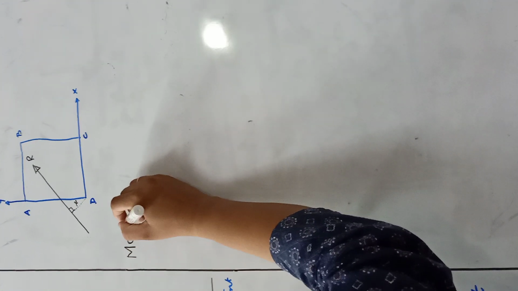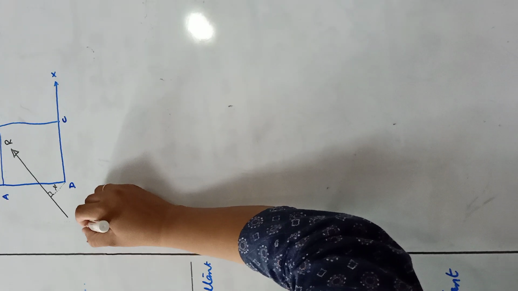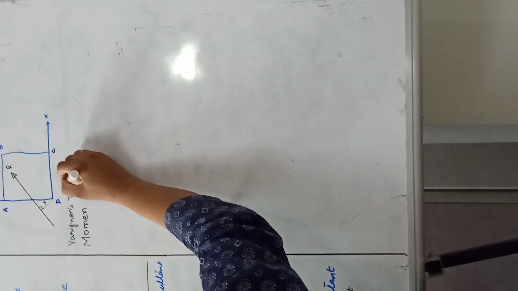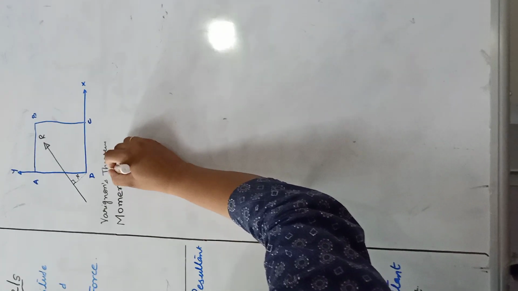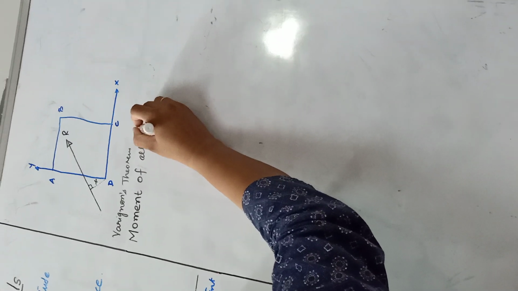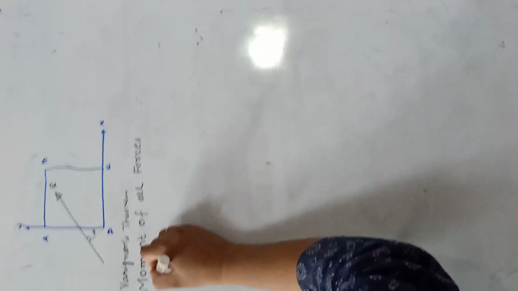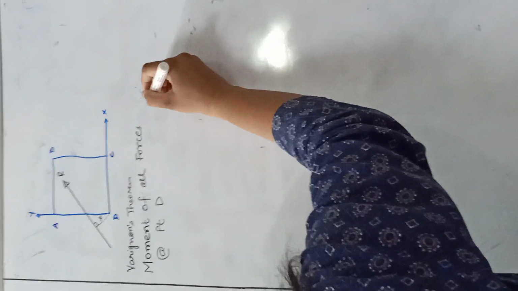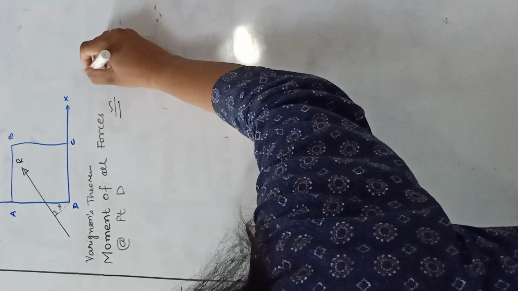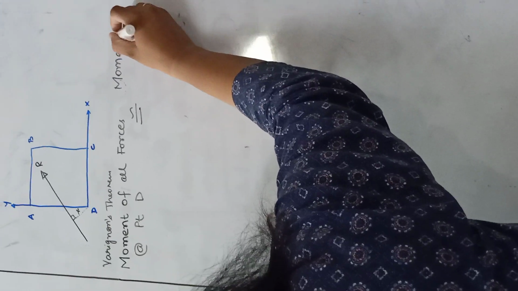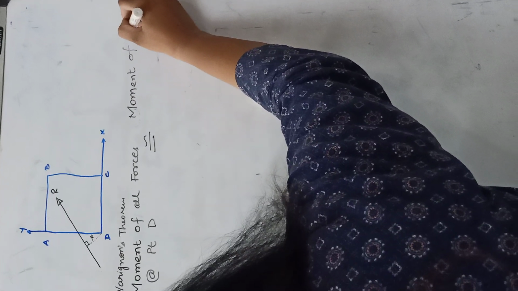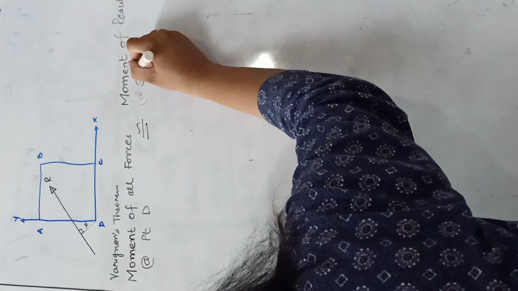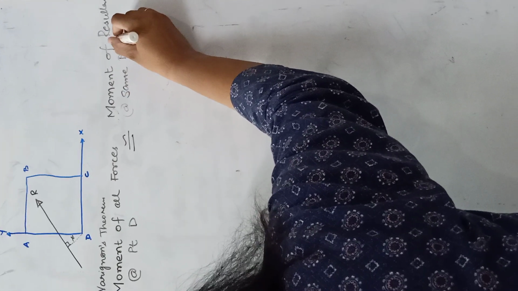What does Varignon's theorem say? Varignon's theorem says that the moment of all forces about a point, which we are taking here as D, is equal to the moment of the resultant about the same point.